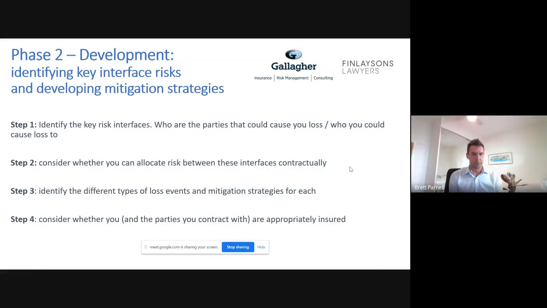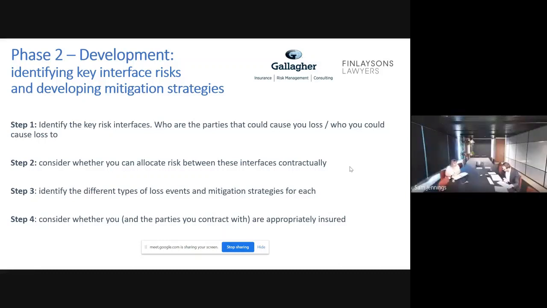Okay, this is back to my slide. So we've passed through the pre-feasibility phase and the development timeline because through excellent work of your insurance broker, they've convinced the underwriters that it's a positive project and an insurable project.